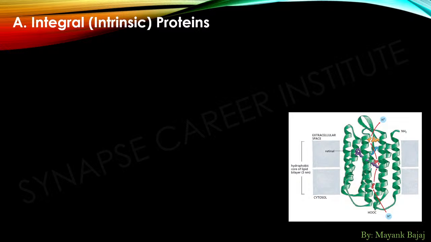Okay, now we have some types of integral membrane proteins. What are the basic types of integral membrane proteins? So integral membrane proteins can be of two major types.